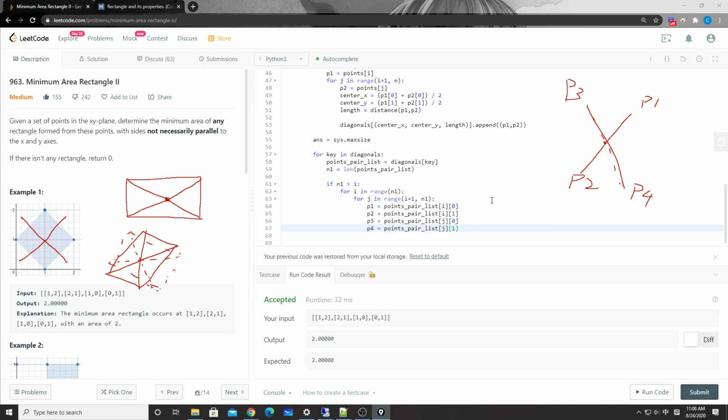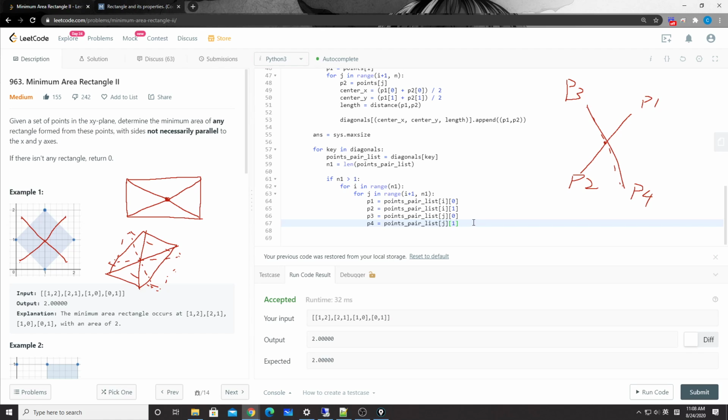Okay, so now what's the area here, right? The area is kind of obvious. The area is the square root of the distance from P1 to P3, times the square root of the distance of P1 and P4.